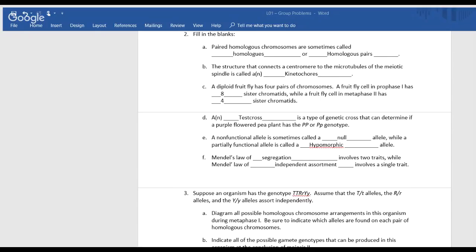And what this implies is that the homologous chromosomes with the sister chromatids can mix and match. And so it's not going to involve two traits, but the single trait can actually mix and match depending on how they put it together, and that involves a single trait. Okay, and that explains the fill in the blanks.